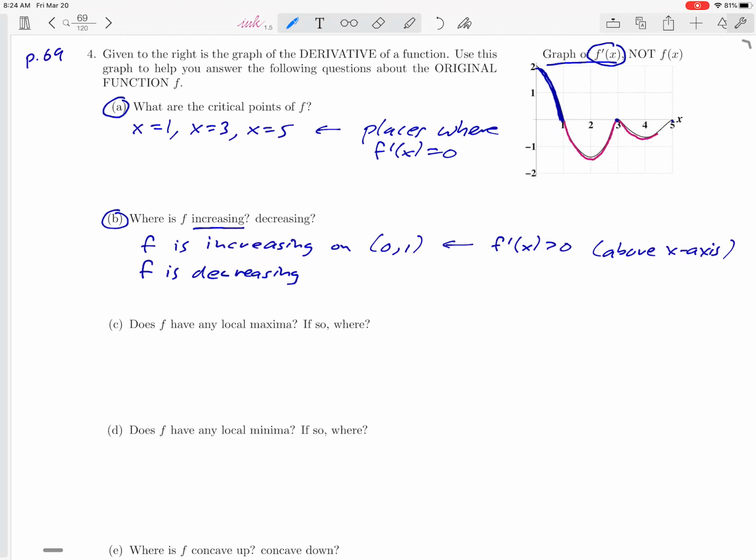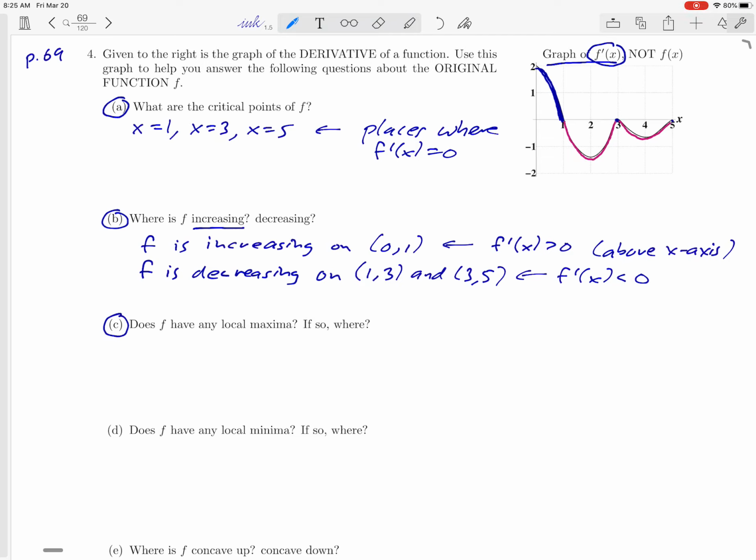I'm just going to highlight those parts of the graph. So there's a little stretch from 1 to 3 and another stretch from 3 to 5. Those are the places where the derivative is negative, and so those are the places where f is decreasing: from 1 to 3, and again from 3 to 5, because the first derivative is below the x-axis there.